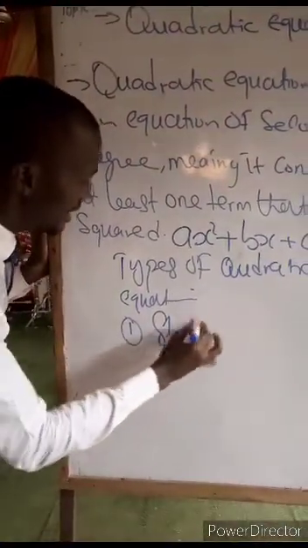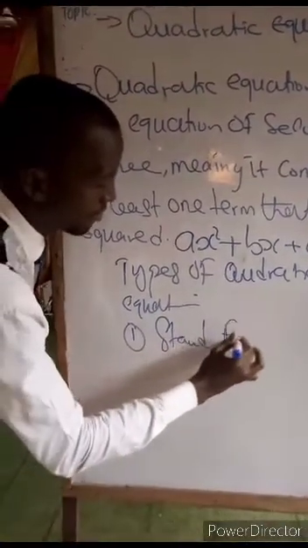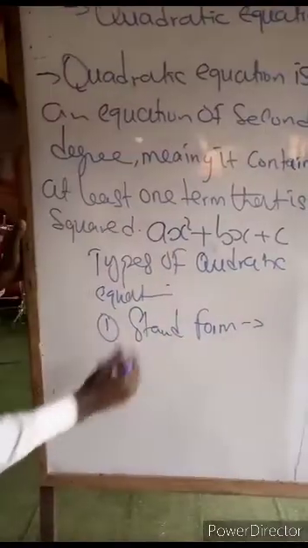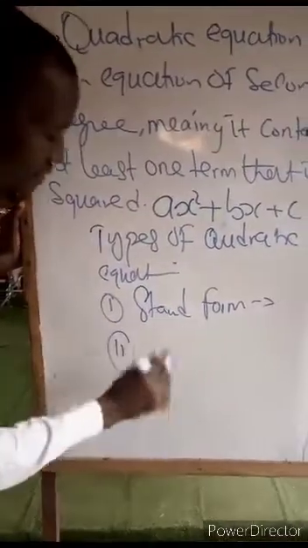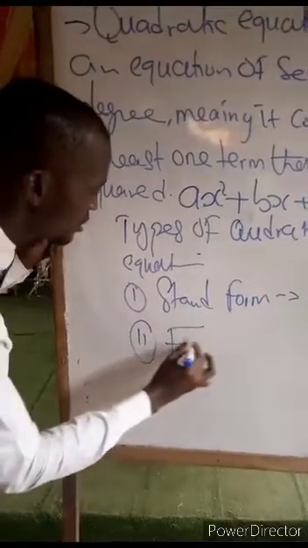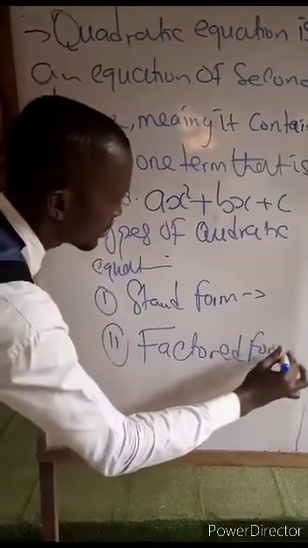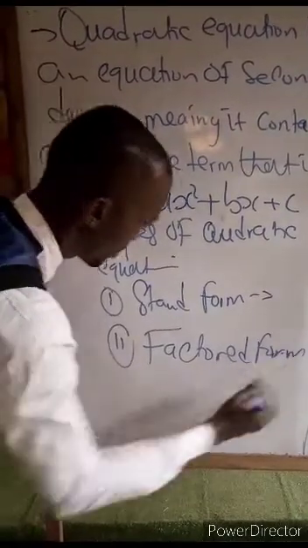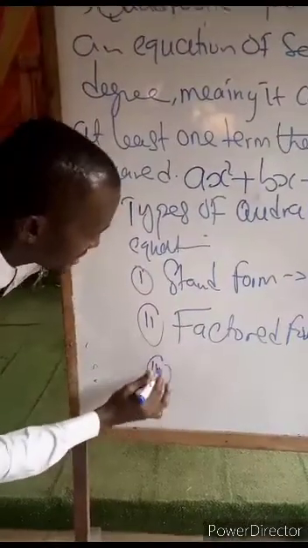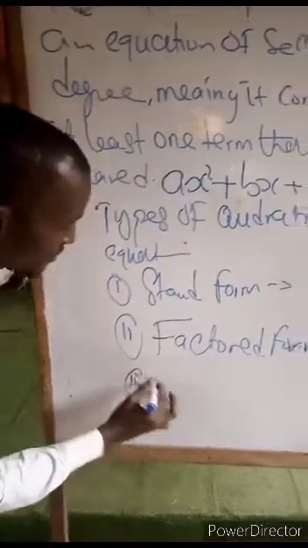The second one, we also have the factors form. The third one, we also have the vertex form.